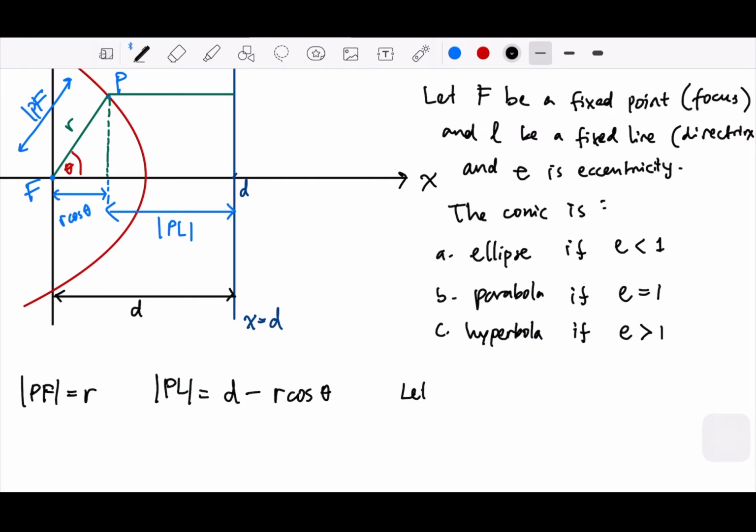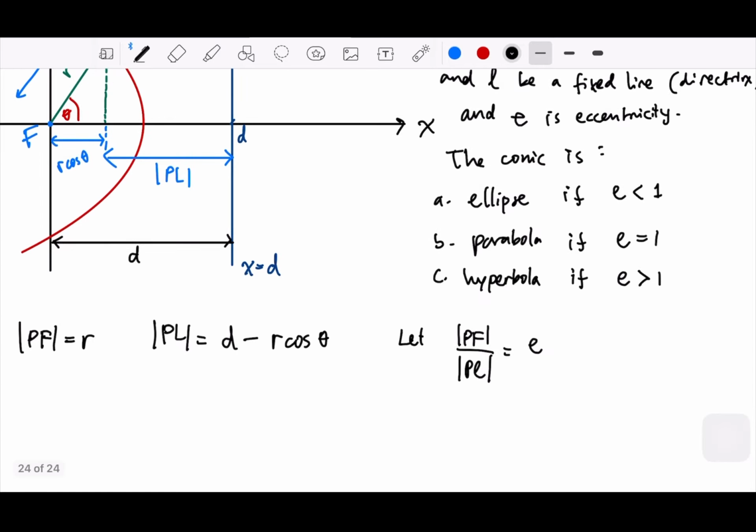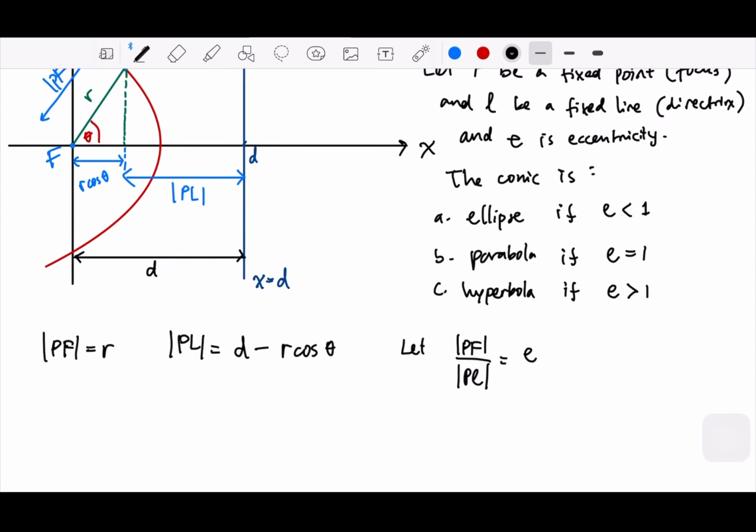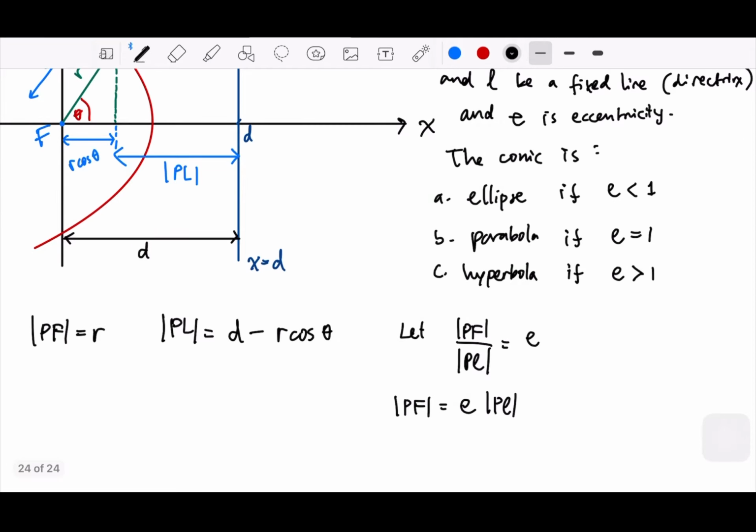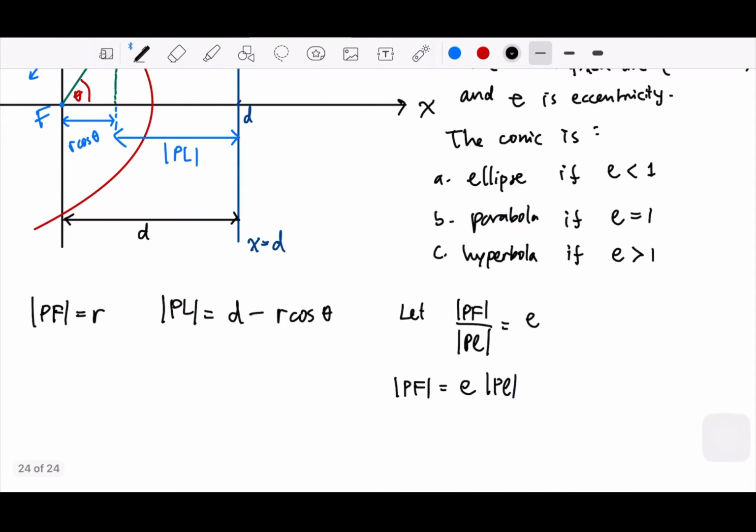And then if you let PF over PL equal e, we can try to manipulate the form using the definition we have. So we get PF equals e PL, and we exchange PF and PL with r and D minus r cosine theta.